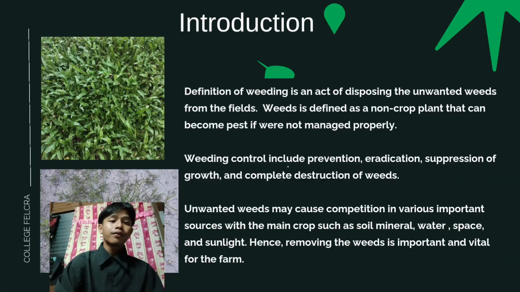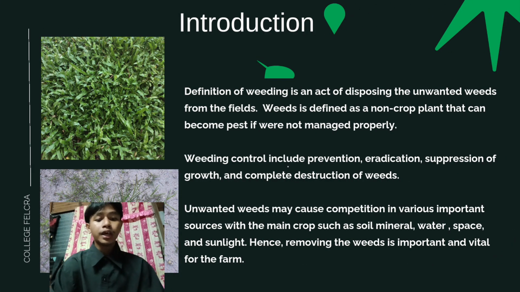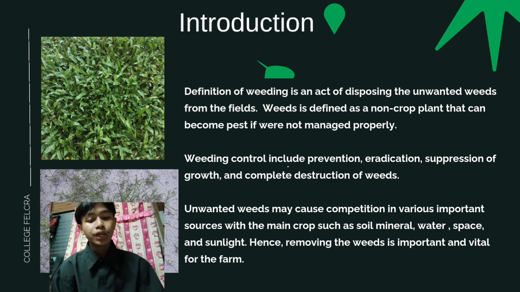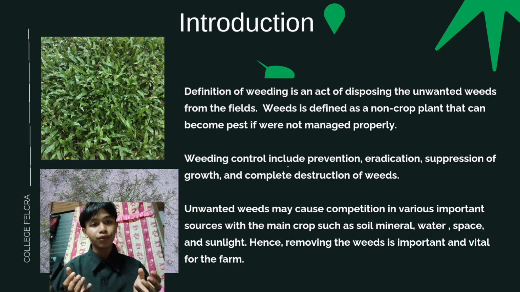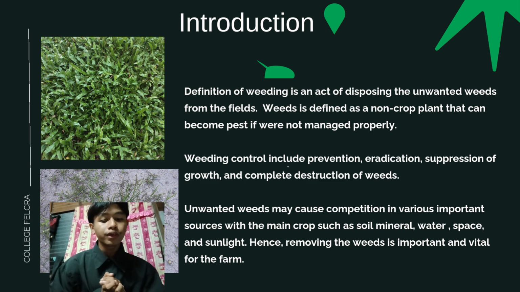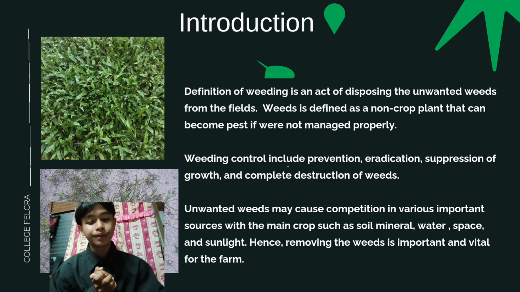For the introduction, the definition of weeding is the act of disposing of unwanted weeds from the field. Weed is defined as a non-crop plant that can become a pest if not managed properly. Weed control includes eradication, prevention, suppression of growth, and complete destruction of weed.